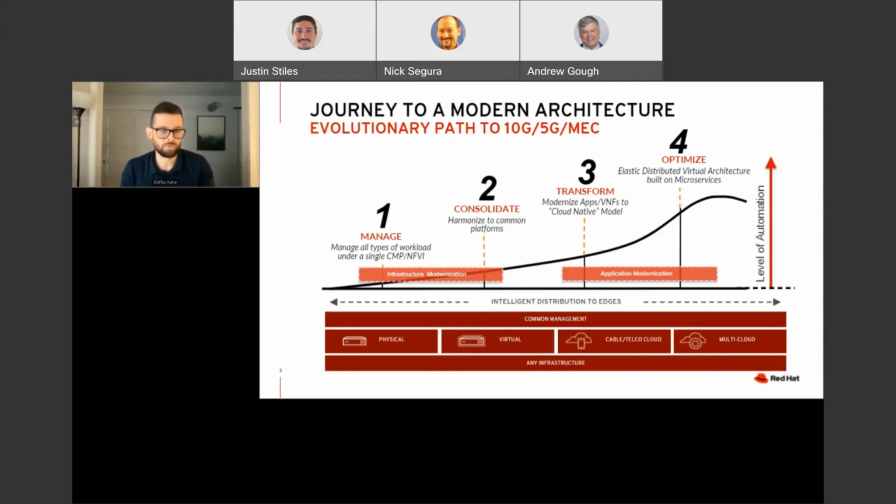And then phase 3 and phase 4 focus on application, where the emphasis is on more cloud native and moving to elastic and very distributed architectures. And a key element throughout all of this, regardless of what stage you're at, is automation. And there is most likely going to be increased levels of automation as you move from one stage to the other, moving from left to right on the diagram here.